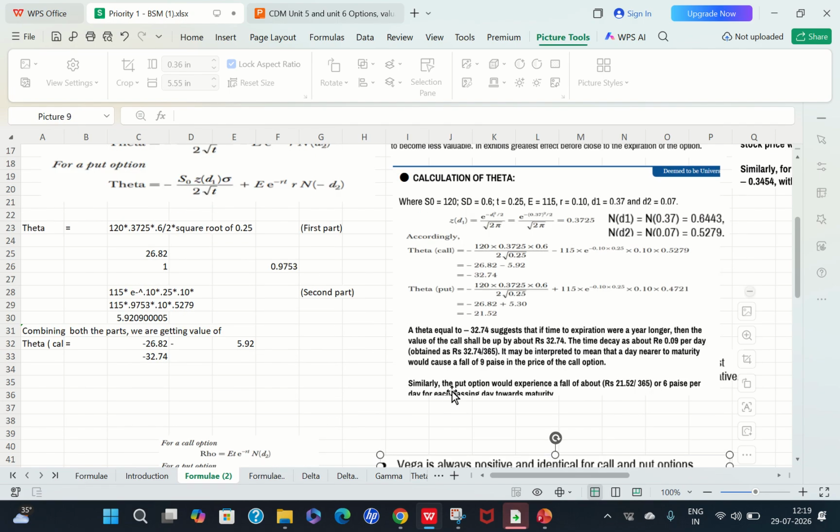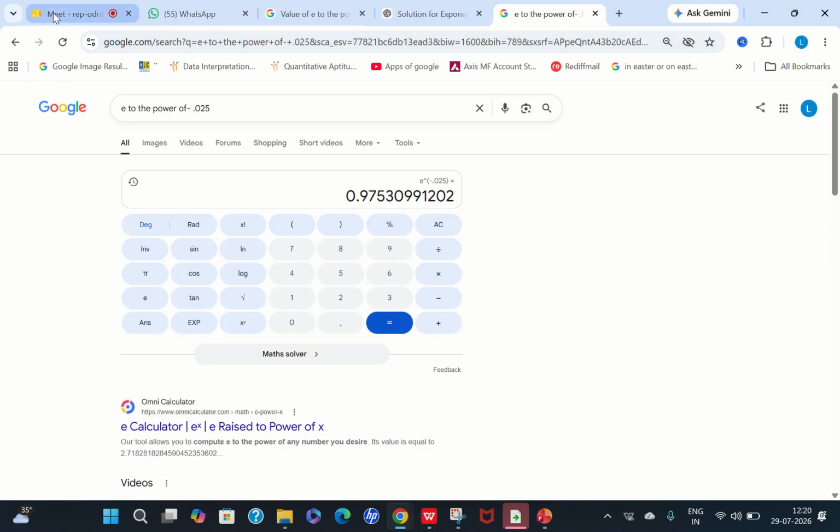So theta call is over, right? What is the difference between theta call and theta put? Anyone? What is the difference between theta call and theta put?